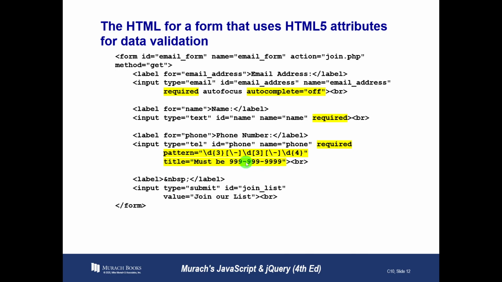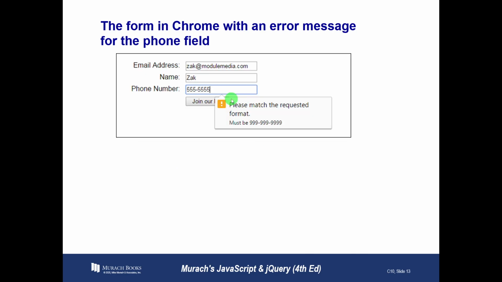If they don't match that pattern, it's probably going to tell them that. So here it is. They just typed in their exchange and their number, so 555-5555. They didn't put in an area code, so they got an error message through the browser validation that says, please match the requested format. And then there's that message, must be in this format, 3 digits, dash, 3 digits, dash, 4 digits. So regular expressions.